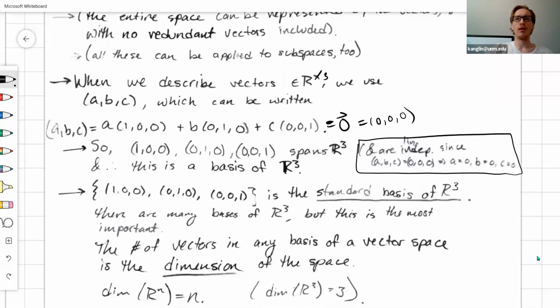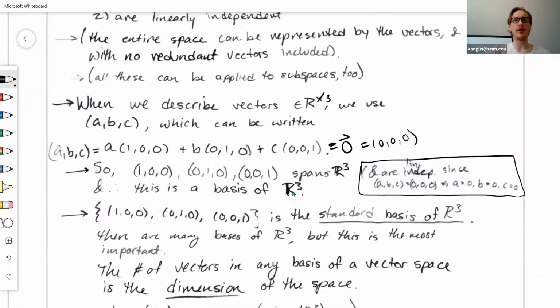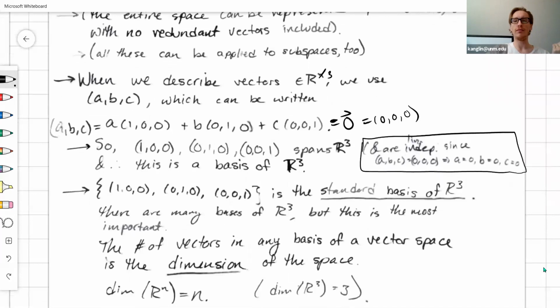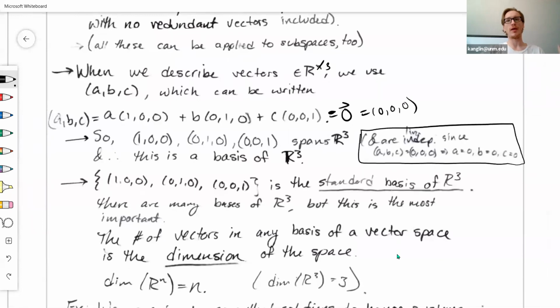Okay. So let's notice here in R3, we have 3 vectors in our basis. And I mentioned there are many other bases we could come up with for R3. But it turns out every single basis for R3 you come up with would have 3 vectors in it. They would have to. And with that in mind, the fact that any basis is going to have the same number of vectors for a given vector space, we call that number of vectors a very important quality about this vector space.